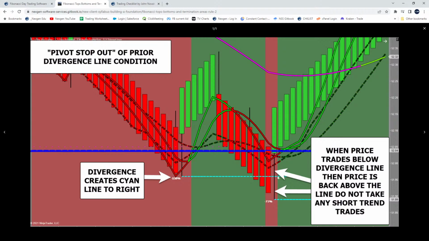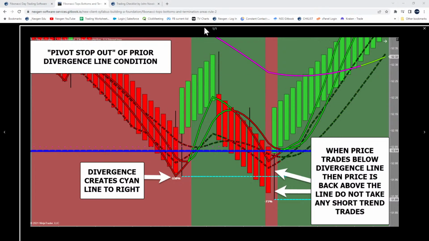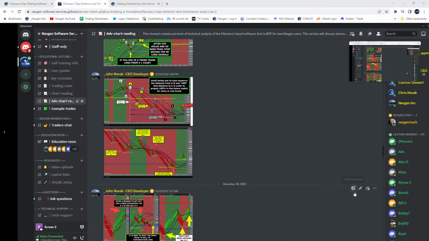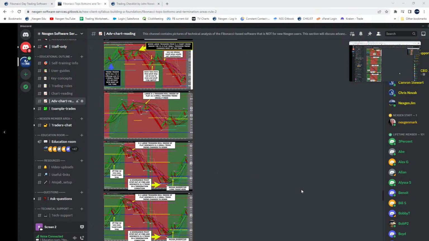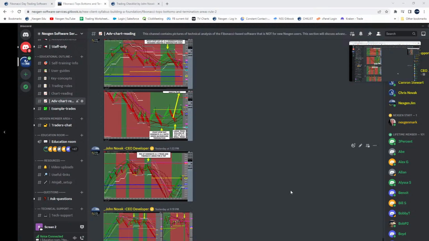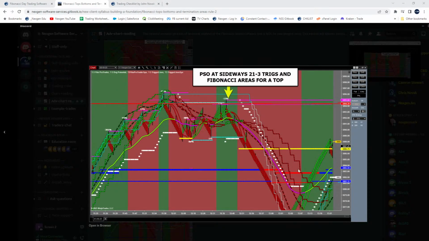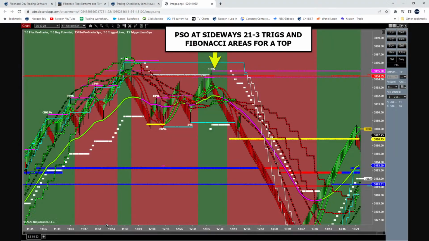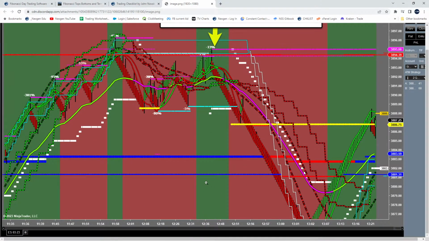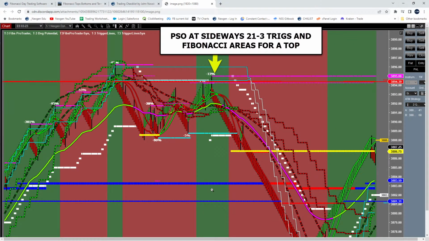Sometimes they hit exactly on the line and have a double bottom, but almost always they stop it out. Let me show you a couple of charts that I posted in the advanced chart reading section, just for grins and giggles, okay? Look. And again, this is how I use some of the 21-3 triggers.